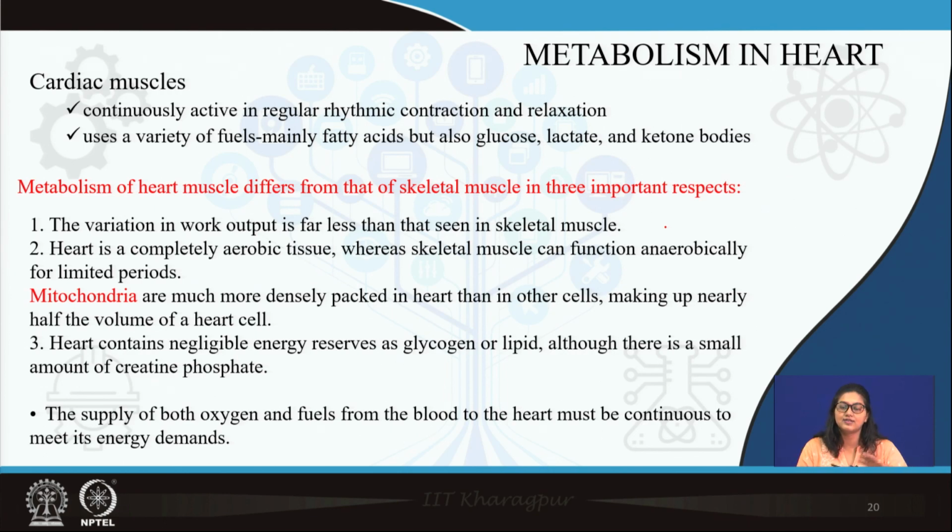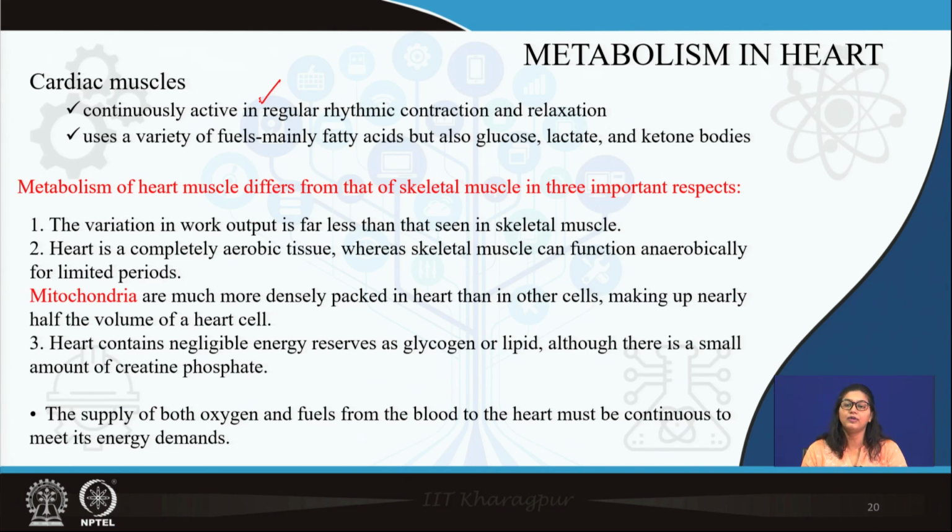It can be steady, slow, or fast but for short action, but the heart is active continuously in a regular rhythm. And another very important thing is that the heart is a completely aerobic organ.